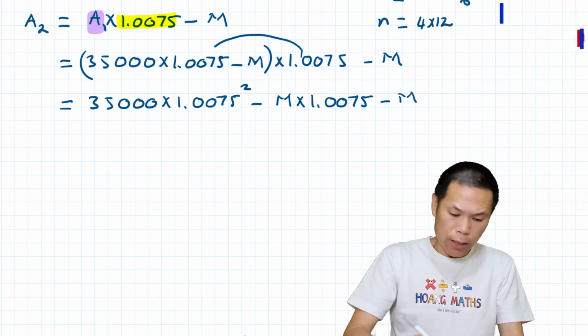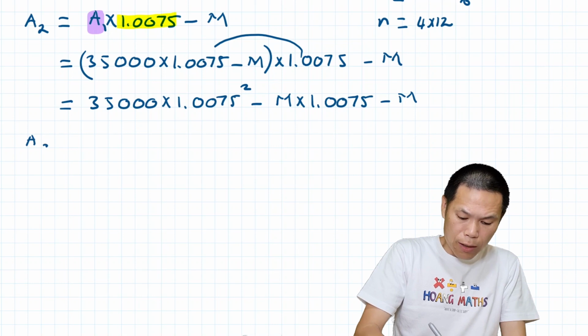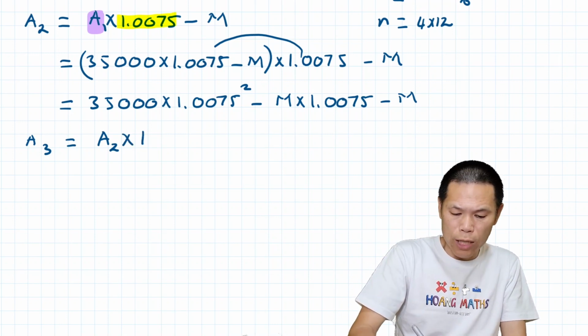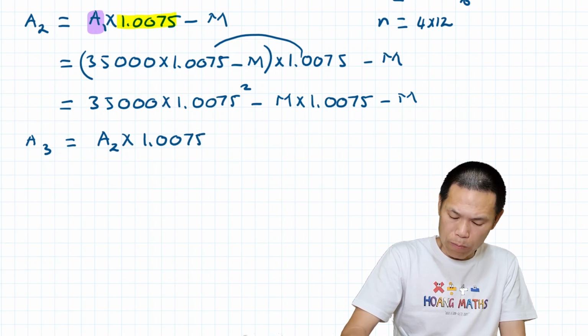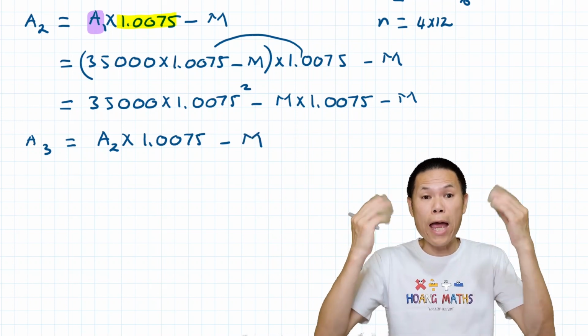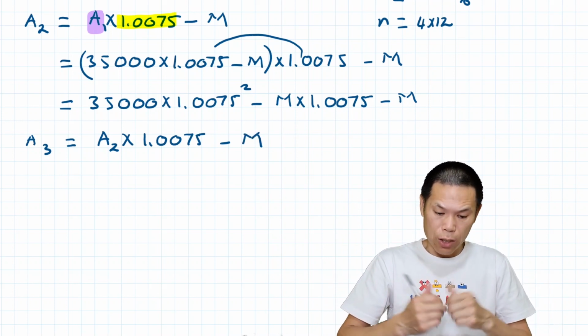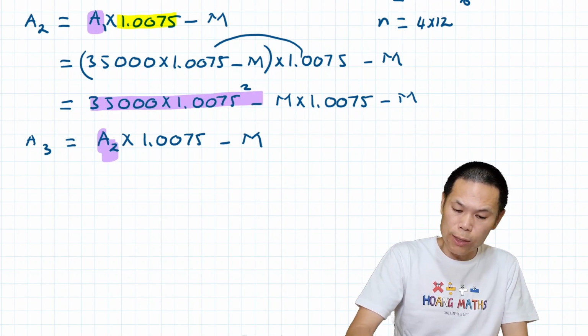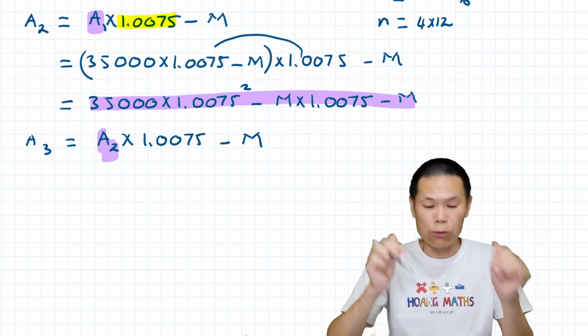Then A3, at the end of the third month, that is how much she owes. That is A2, that is how much she owes, and the interest on top, so times by 1.0075. And she also makes a regular payment, so we go minus M. So that is how much she owes at the end of the third month. But this is A2, A2 is here, so let me just replace with that.